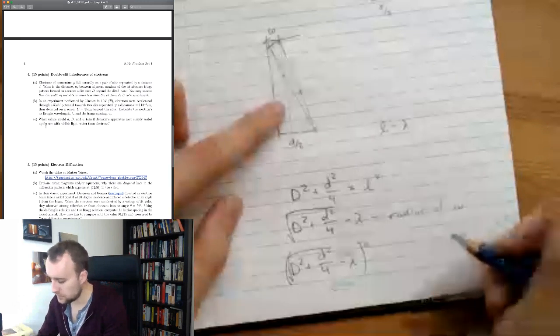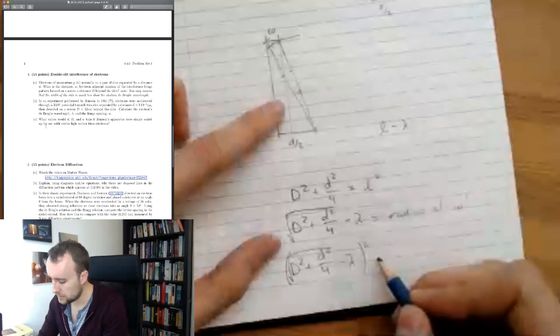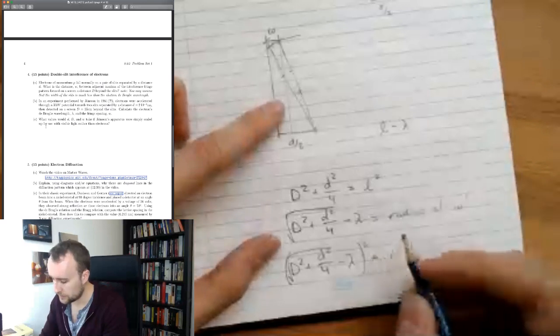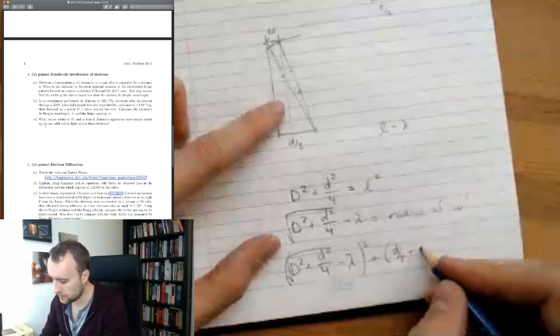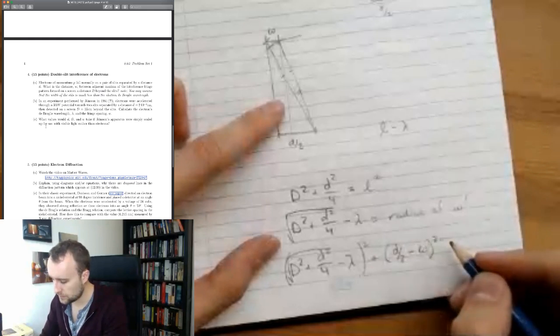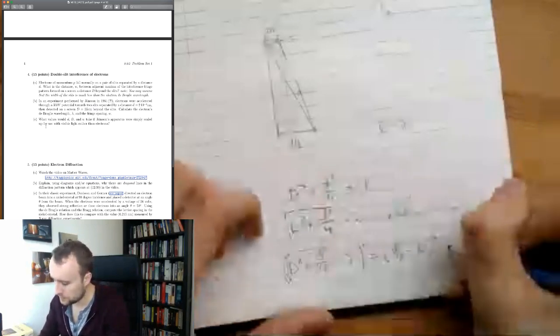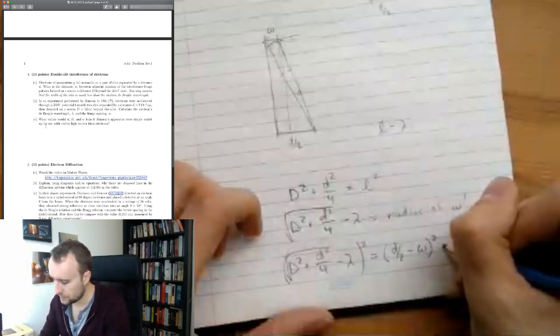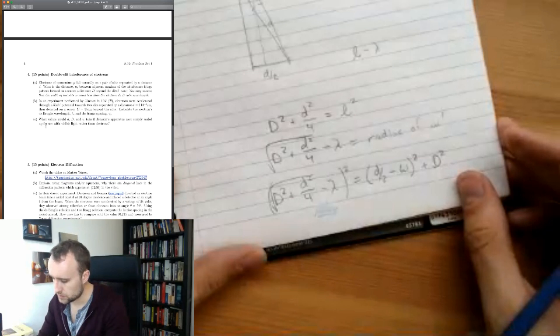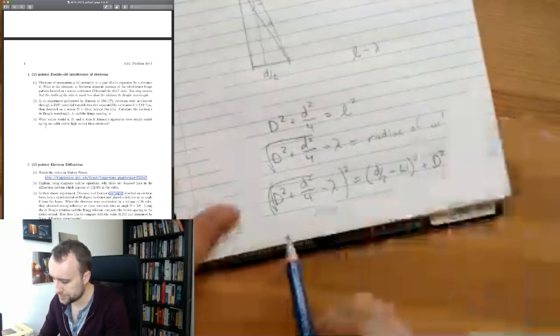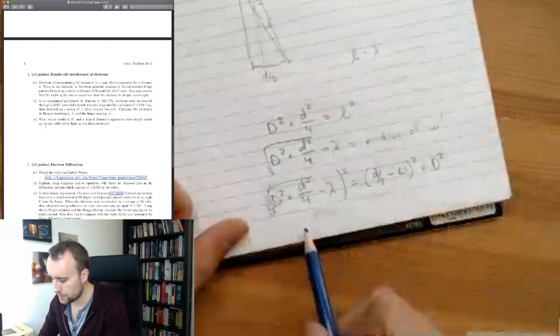Squared plus d squared equals, plus d squared. That makes sense, right? So, see if this works.